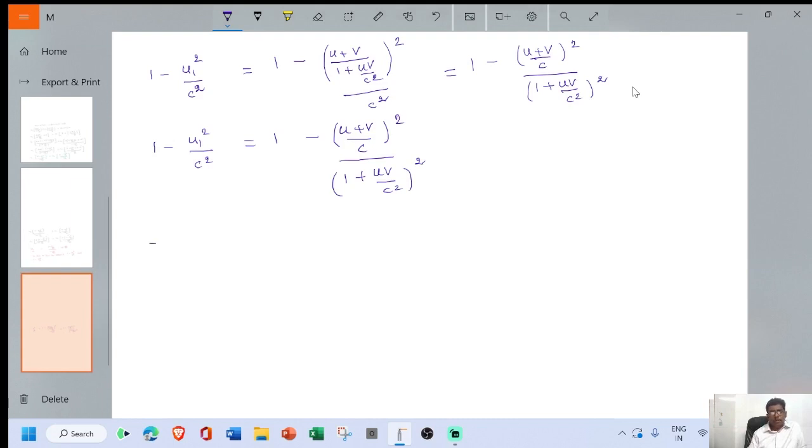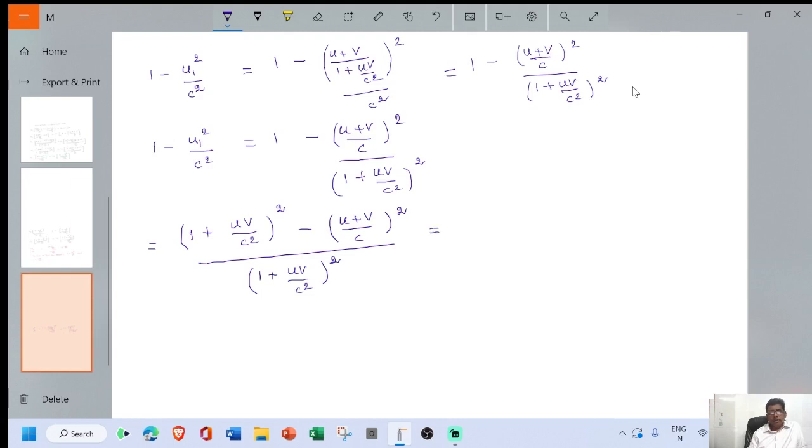This is equal to, cross multiply, 1 plus uv by c square whole square minus u plus v by c whole square, whole divided by 1 plus uv by c square whole square.